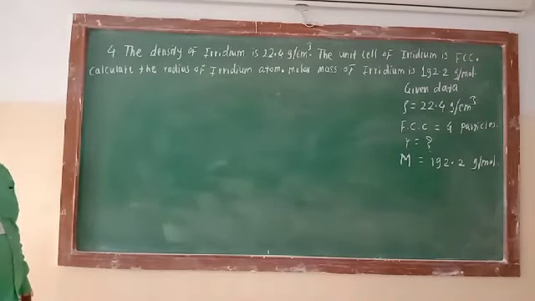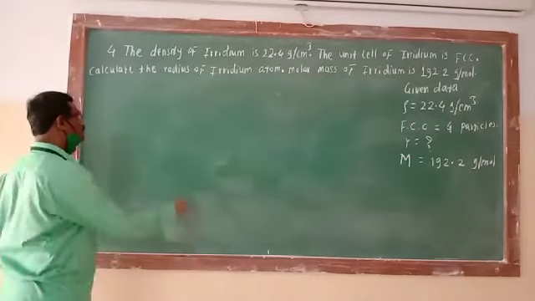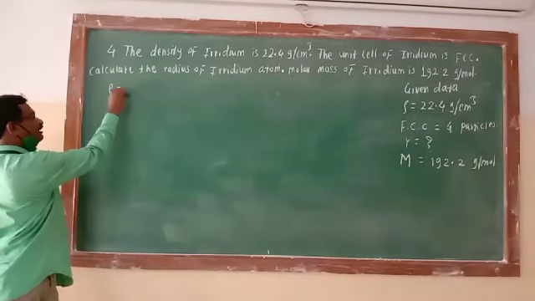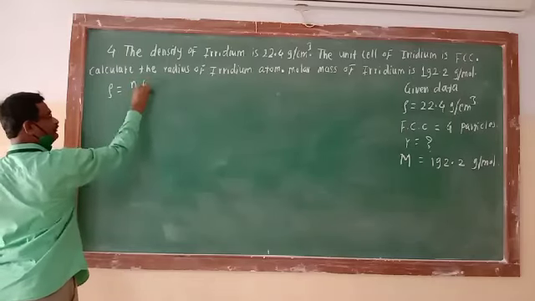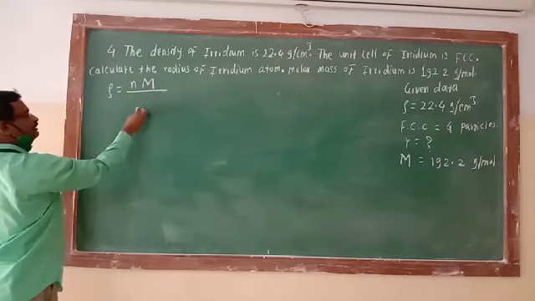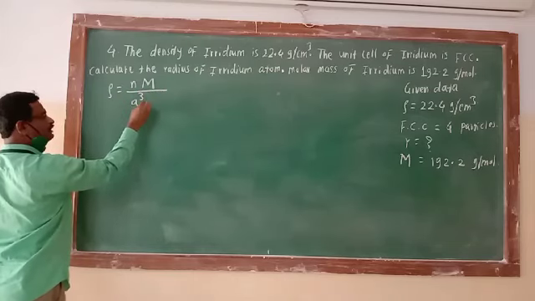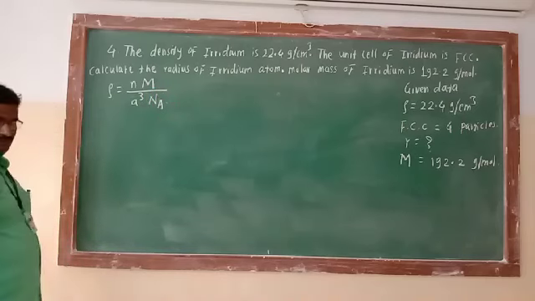So first of all, using the expression which just now I have told you, that expression for rho, density, will be equal to N, capital M, divided by a cube multiplied by Na, Avogadro's number.